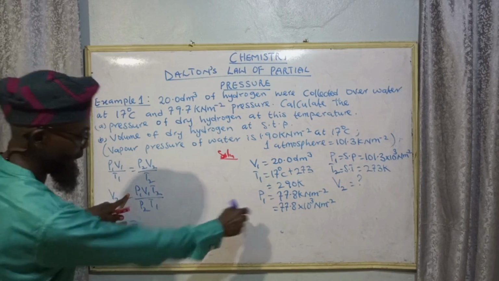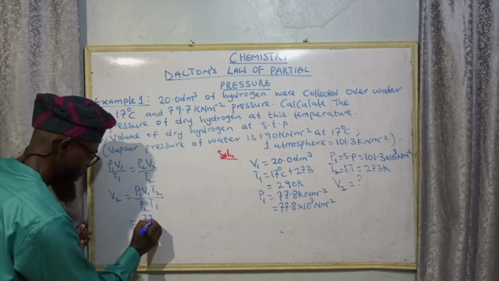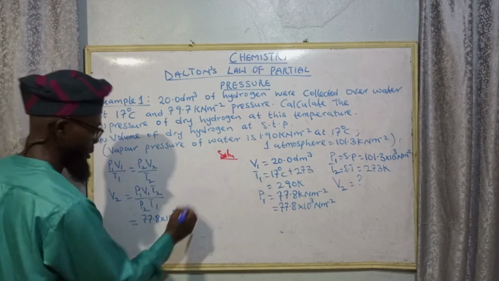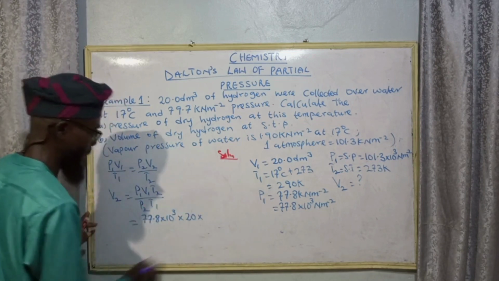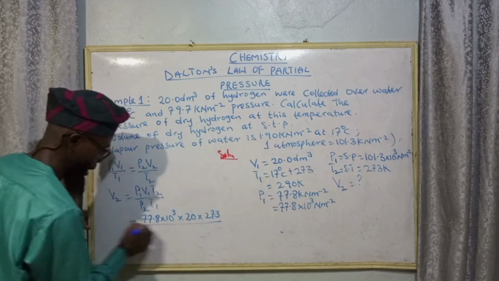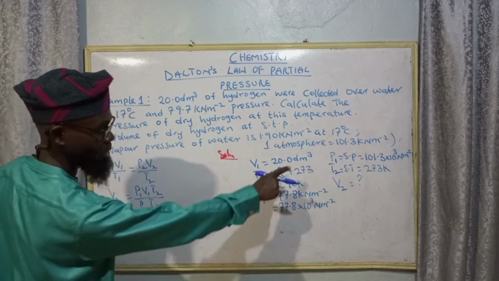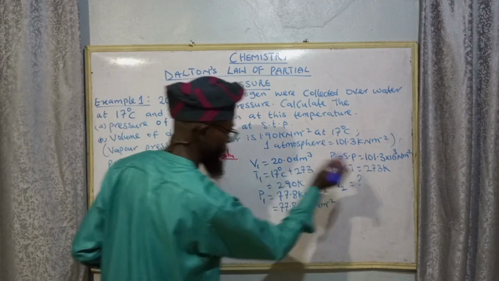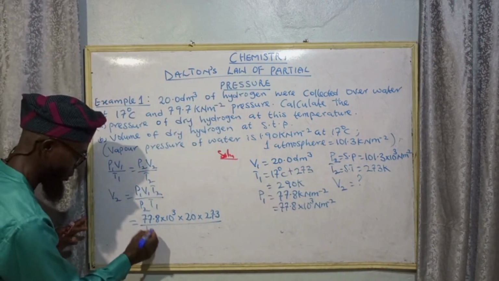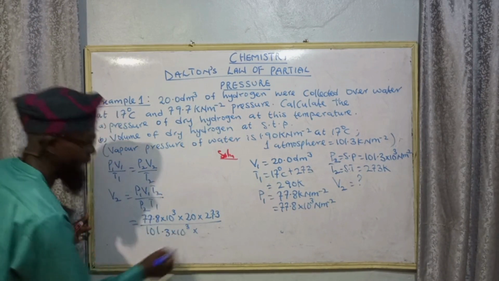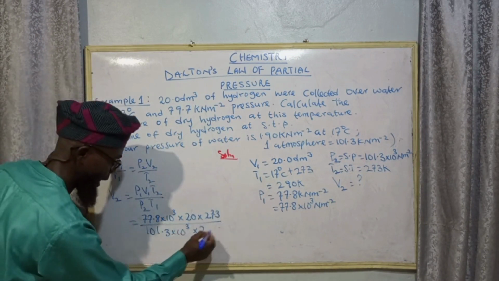Our P1 here is 77.8 times 10 to the power 3 multiplied by our V1, 20, multiplied by our T2, 273, divided by our P2, second pressure, which is 101.3 times 10 to the power 3 multiplied by our T1, 290.